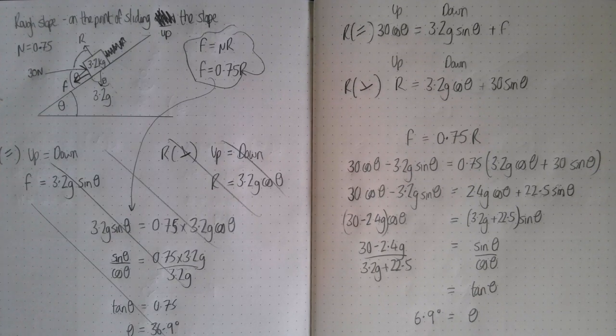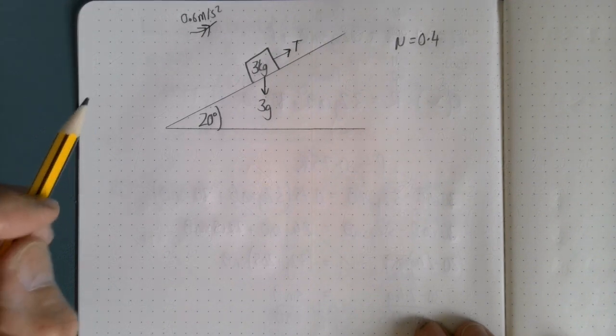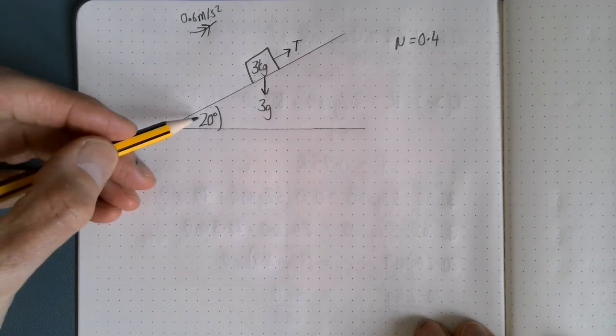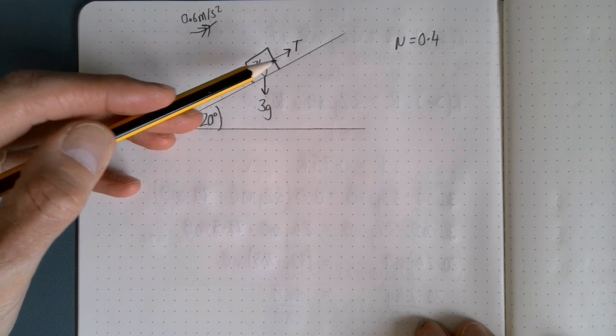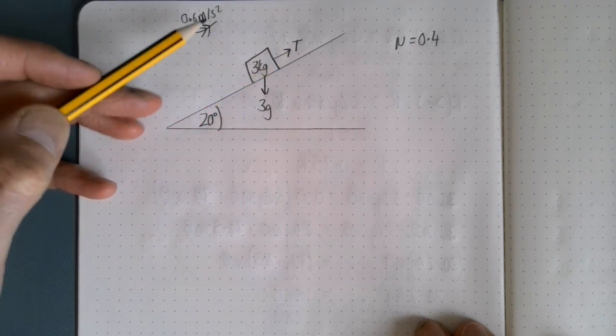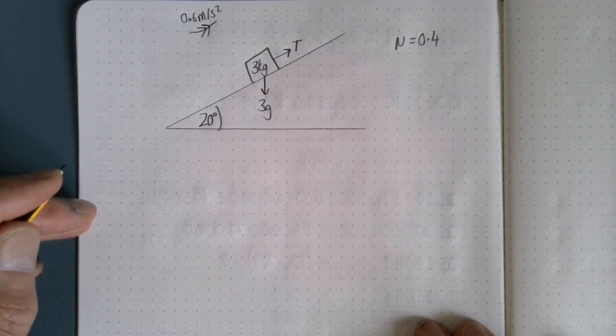Let's do one final problem where we've actually got something moving. So we've got a rough slope again, mu is 0.4, not quite as rough as before. Fortunately, we know the angle, phi, but this block is being dragged up by a force T, and it's accelerating at 0.6 meters per second squared. So let's add in the extra forces that we know.